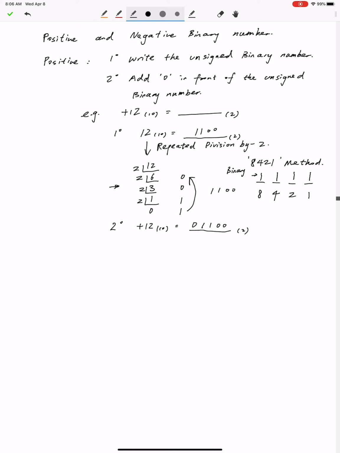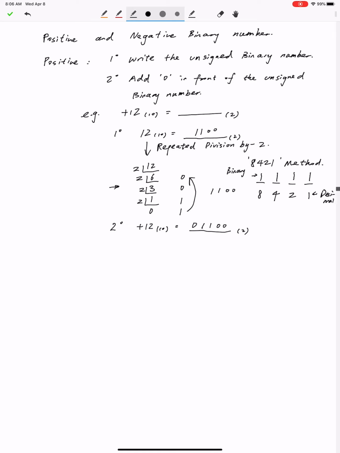The bottom are decimal. Okay, so if you write 4 ones on these 4 short bars, then in decimal that is 8 plus 4 plus 2 plus 1. So that should be 15, right?